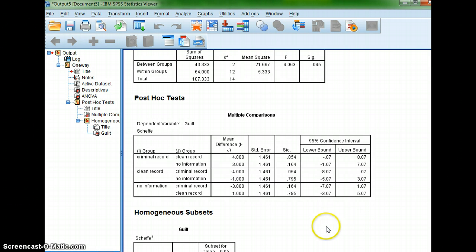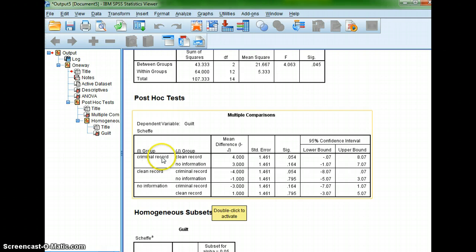So what I'm going to do here is look at my significance, and remember that my alpha level was 0.05, and so if I look at my significance for criminal record versus clean record, I have a significance of 0.054.